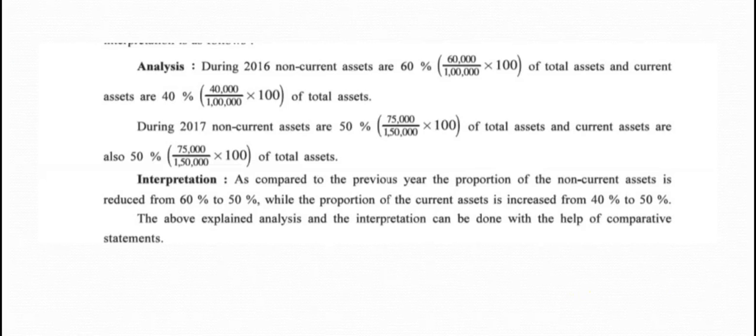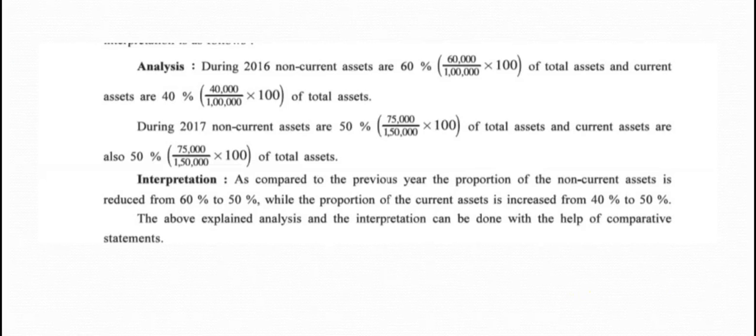So 75,000 upon 1,50,000 into 100 will give you how much? 50%. And current assets also 50%, because current assets are also 75,000 out of total 1,50,000 of asset. Okay, so this is the analysis of both the years.